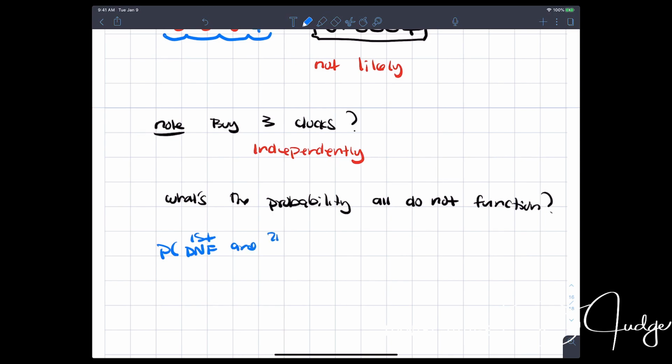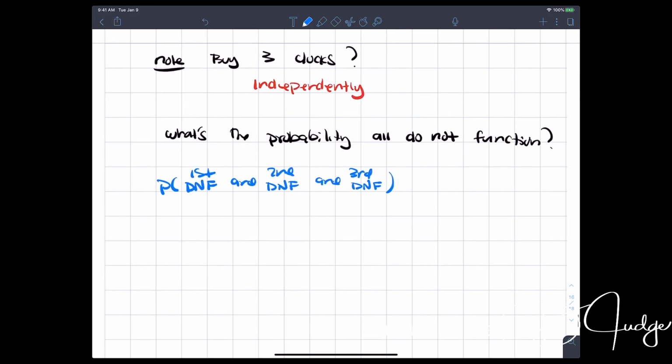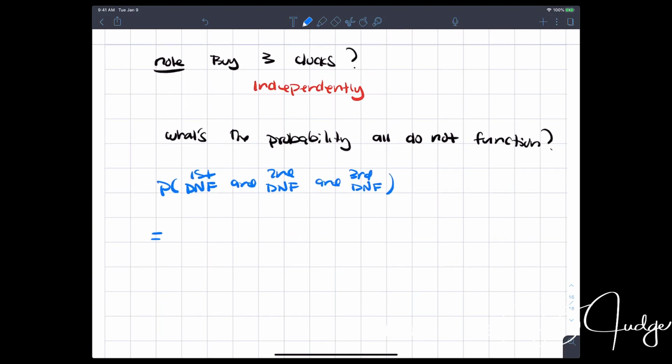And the second, does not function. And the third, does not function. Well, because they're independent, it's the probability the first does not function times the probability the second does not function times the probability the third does not function.